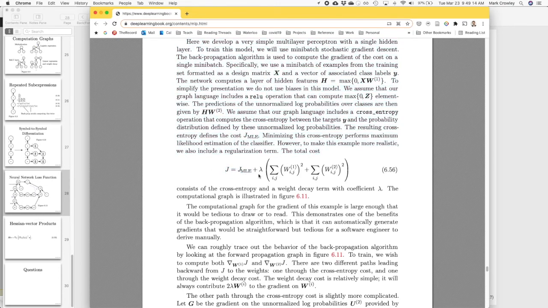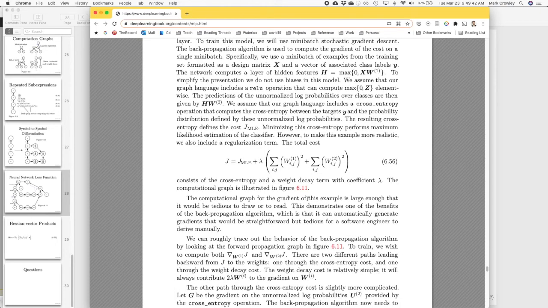And then you say, let's try to make it not overfit too much. There are lots of different ways you could do this. You can add some cost to say that the weights shouldn't be too high, or the weights should be more similar to each other, or whatever function you want to impose on it.